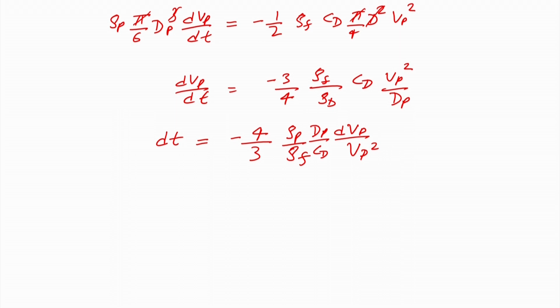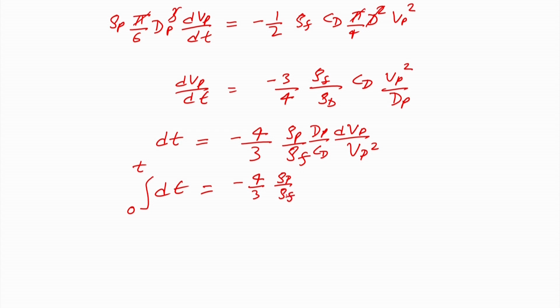Now, what we can do? We can integrate it from 0 to time t, with initial velocity v naught and final velocity v. So, I can write it as minus 4 upon 3, rho p and rho f are constant, so they will come outside.